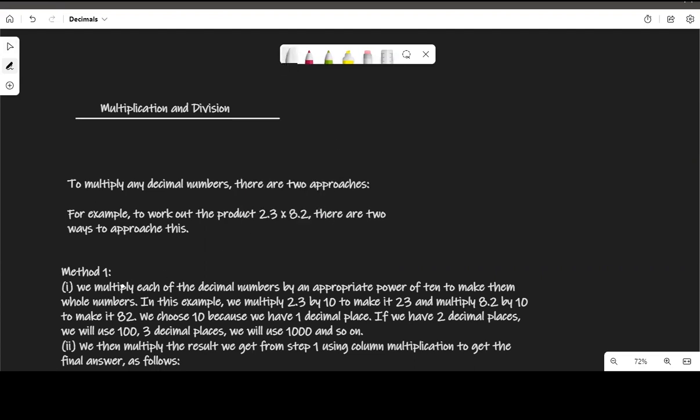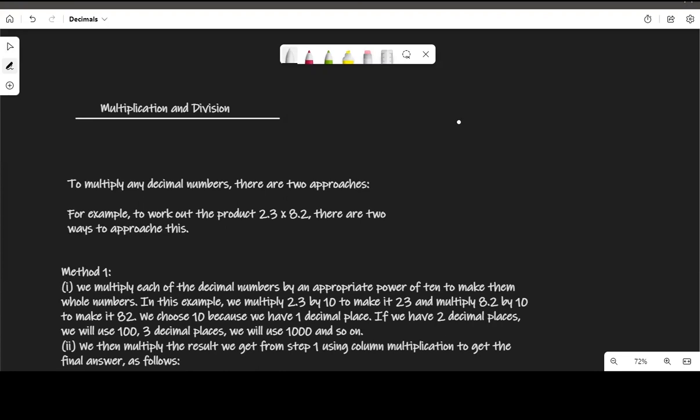In one of the approaches, which I call method 1 here, to multiply decimal numbers, we multiply each of the decimals by an appropriate power of 10 to make them whole numbers.